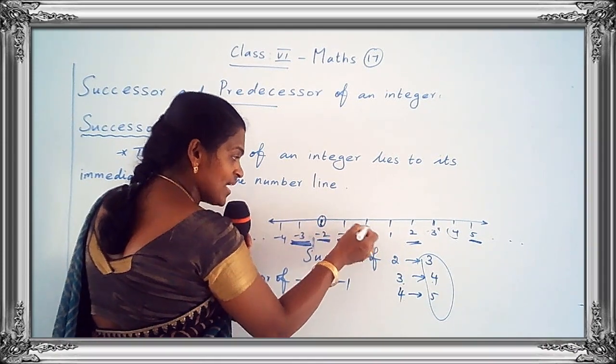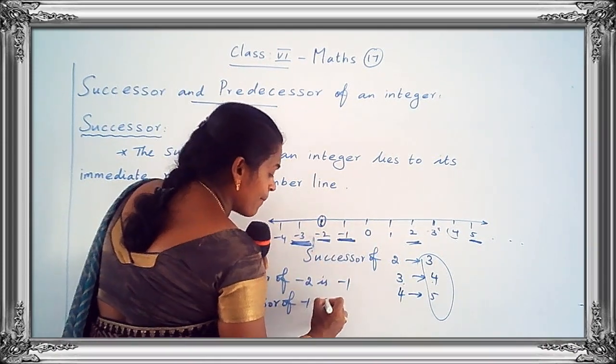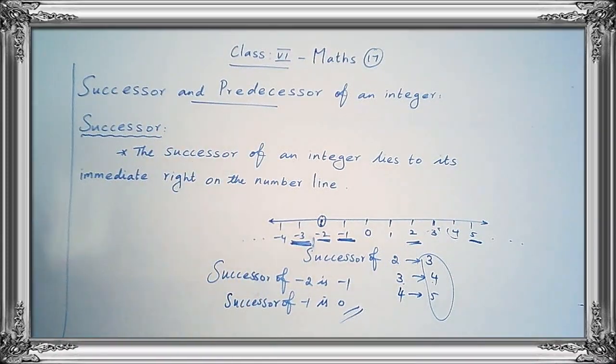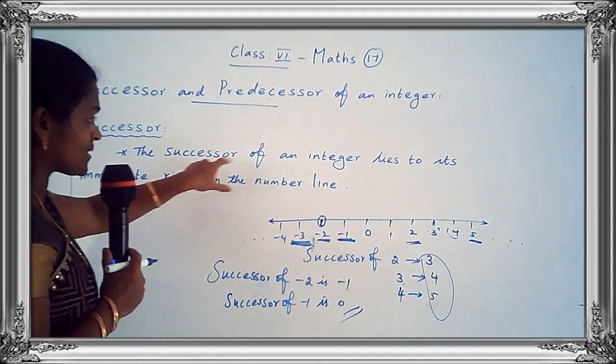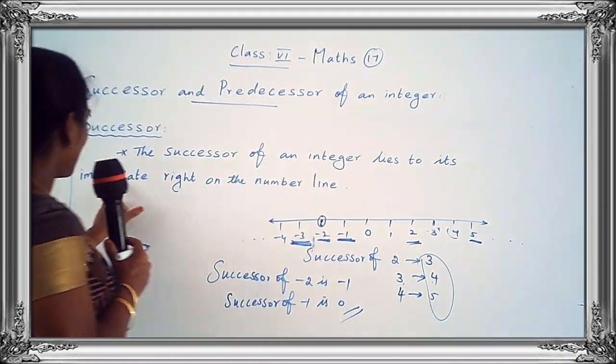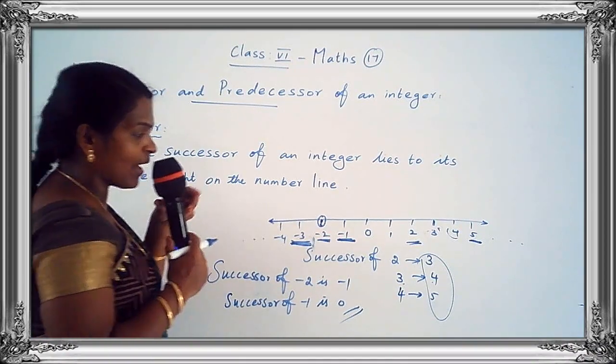So that's why 0 is the successor of minus 1. So what is a successor? What is immediately on the right side on the number line, we call it the successor. So the successor of an integer lies to its immediate right on the number line.